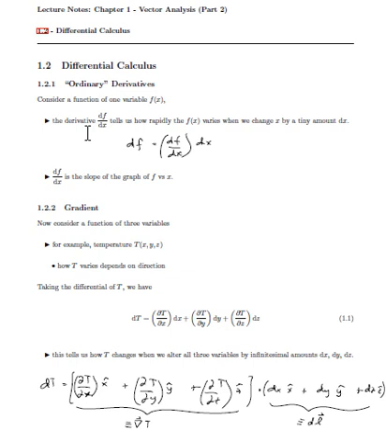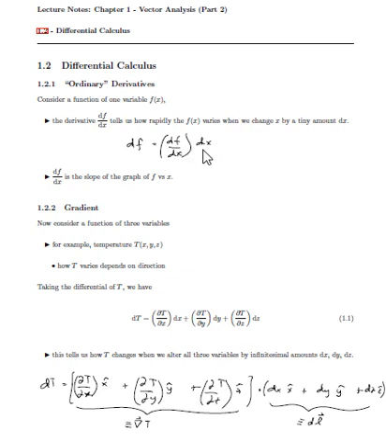So consider a function of one variable f of x. The derivative df over dx tells us how rapidly f of x varies when we change x by a tiny amount dx. This has been discussed from our previous mathematics.